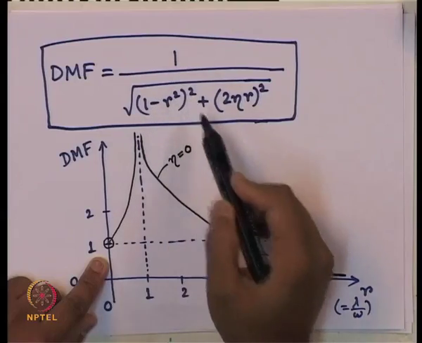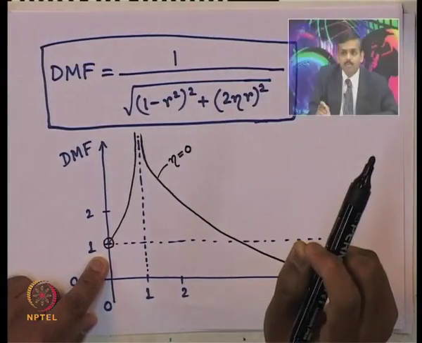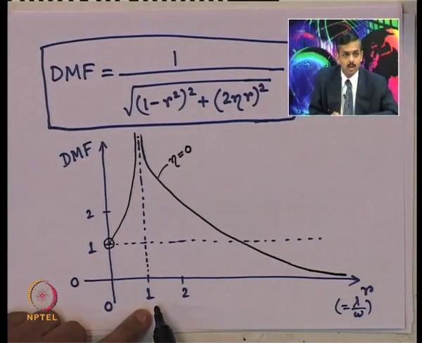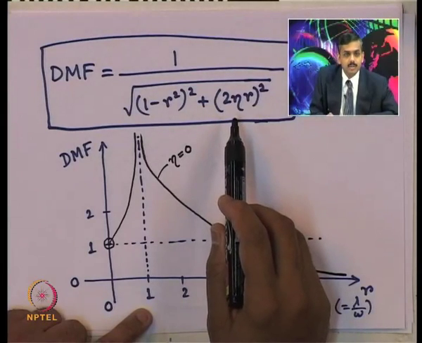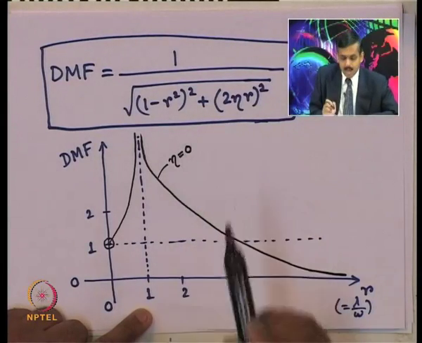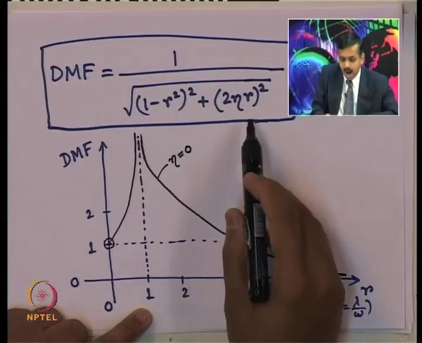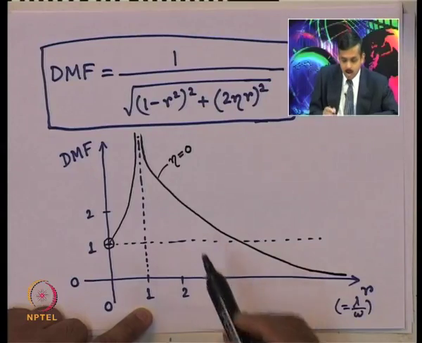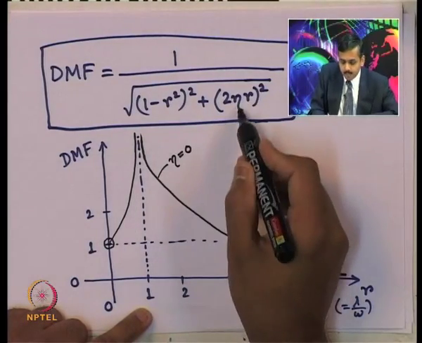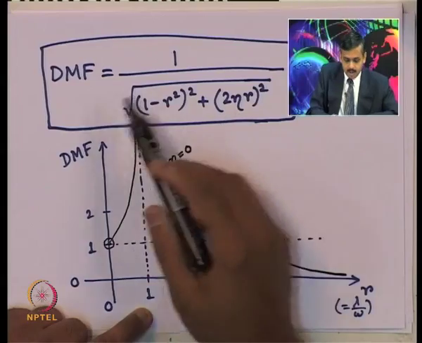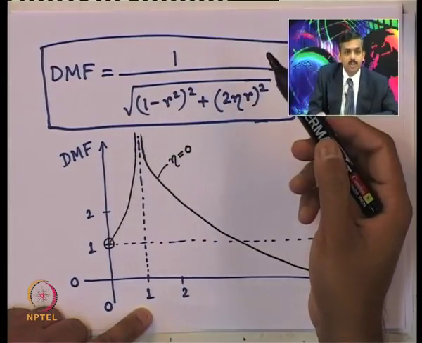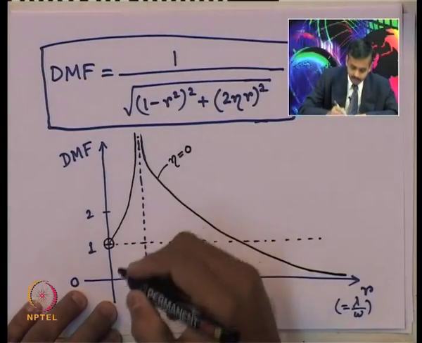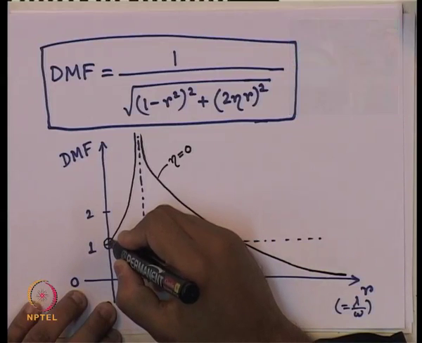So, it becomes 0, but we have some finite value which we can obtain for r equals 1 at a non-zero value of eta. And let us look at what happens when r tends to infinity for a non-zero value of eta. When r tends to infinity, whatever be your value of eta, this DMF goes to 0 or approaches 0. So, the type of graph which we should get is something like this.